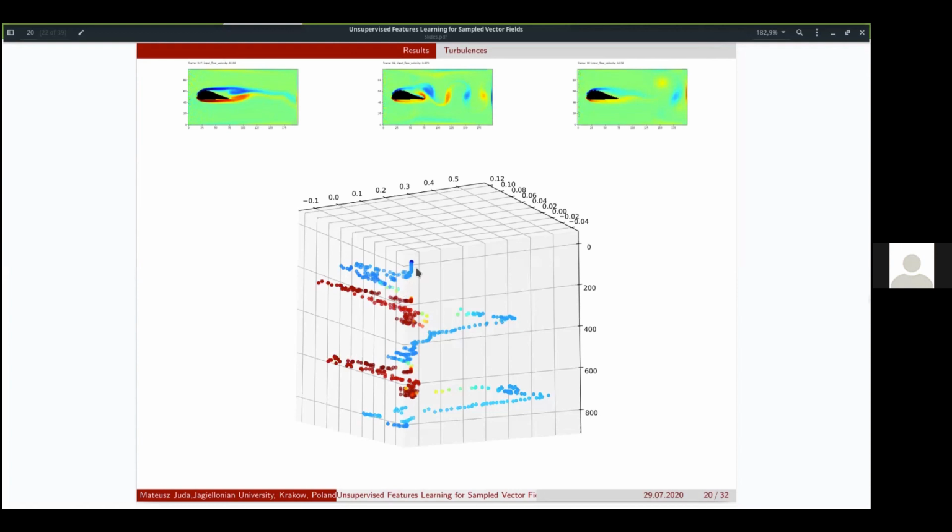What we observe is that at the beginning, when the flow is not yet stabilized, as we just start the simulation, there is maybe some kind of noise here. However, at a moment when we have quite large airflow, the simulation is turning in the feature space to the left hand side. When we slow down, we go to the middle of the feature space, and then turn to the right hand side.